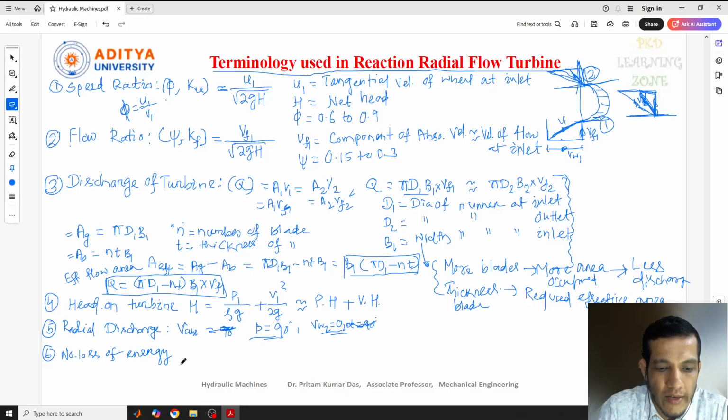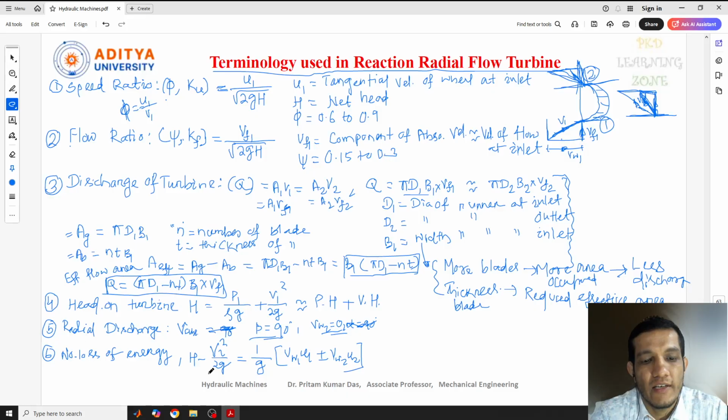If there is no loss of energy when the water flows through the vent, then we can write H minus V2 square by 2G equal to 1 by G times (VW1 U1 plus or minus VW2 U2). This is the equation when there is no loss of energy.